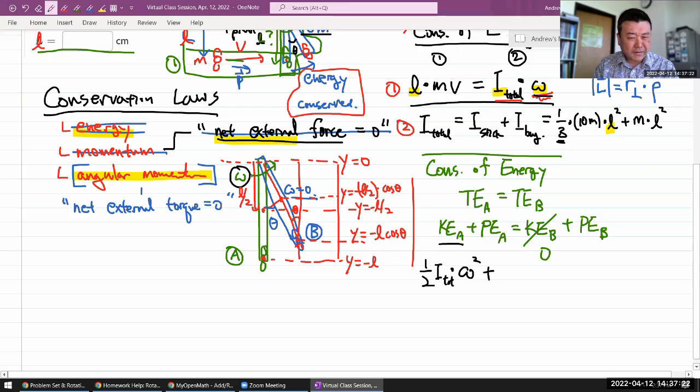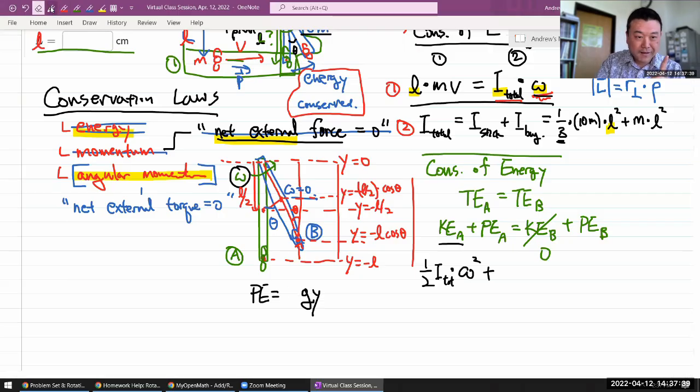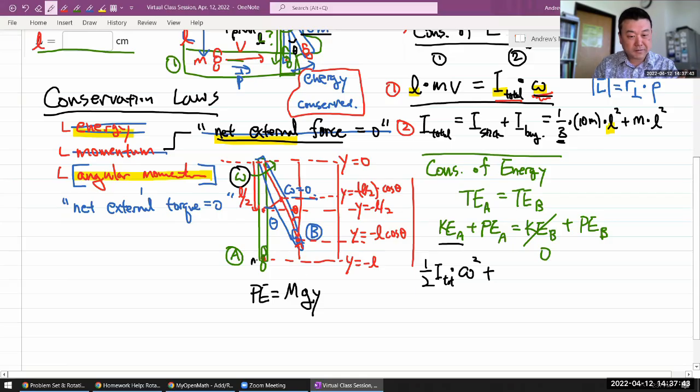Okay, I gotta write this separately. I have a potential energy of the bug. So the formula for potential energy will be mgy. This is my 0 reference, and I'm writing all my gravitational potential energy reference to that. And just as a care, make sure you are using the mass of the object. So bug, that has mass of m.